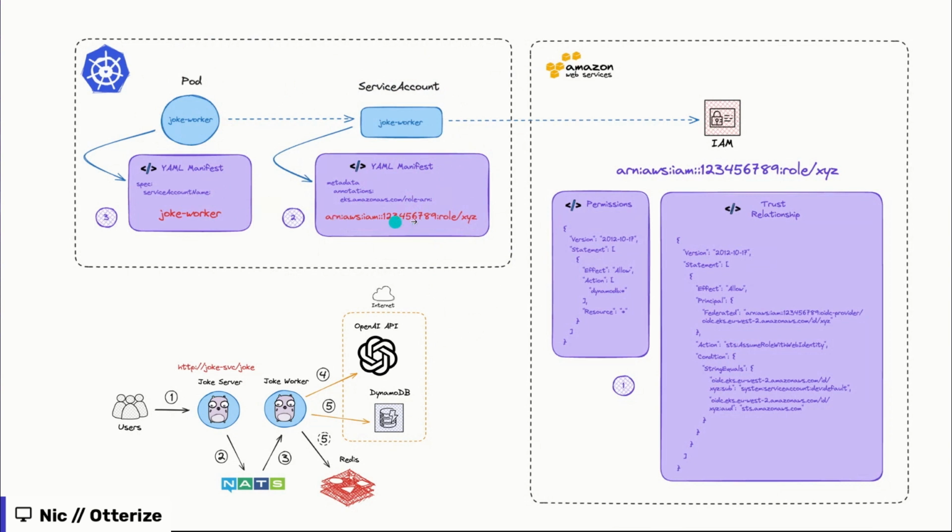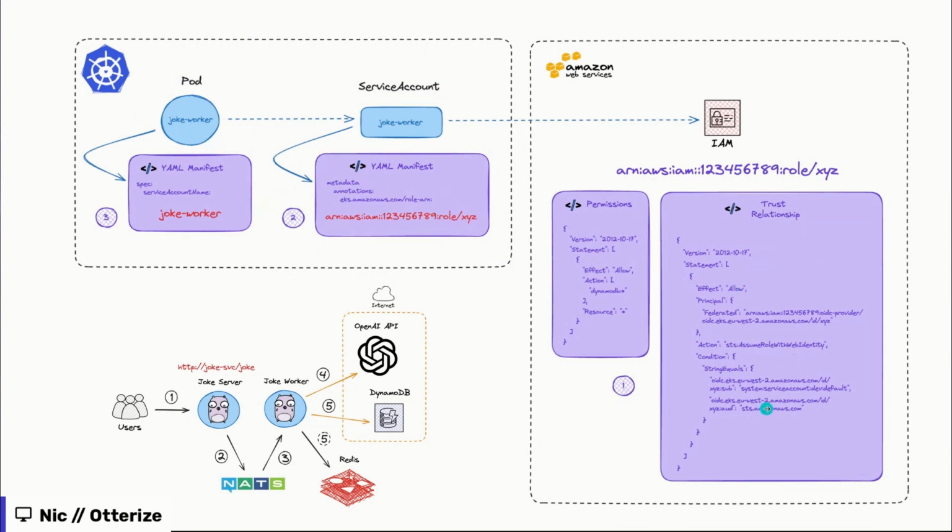But as soon as you annotate that service account with this particular role ARN, and then configure the pod or the deployment or any controller with that specific service account attached to it, then EKS knows that the application running in the pod needs to access a particular resource in AWS, and the STS service here will be validating the identity of the service account through this trust relationship.